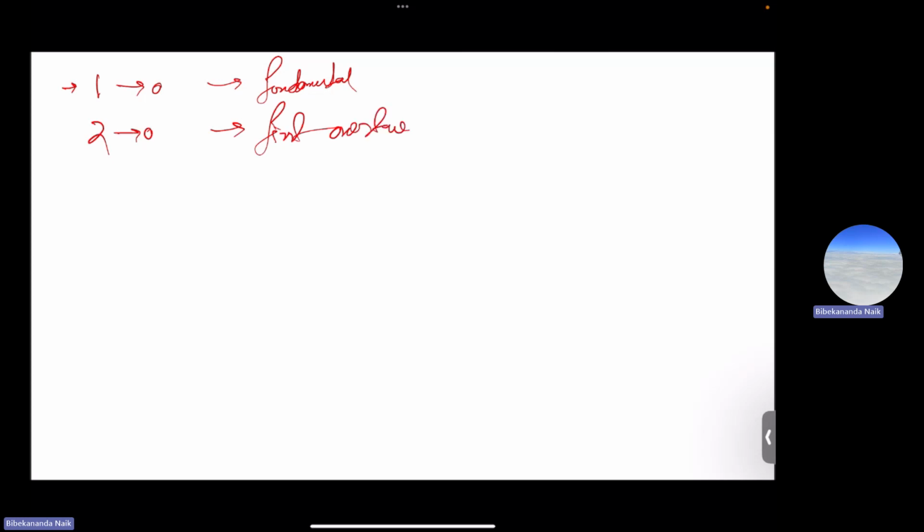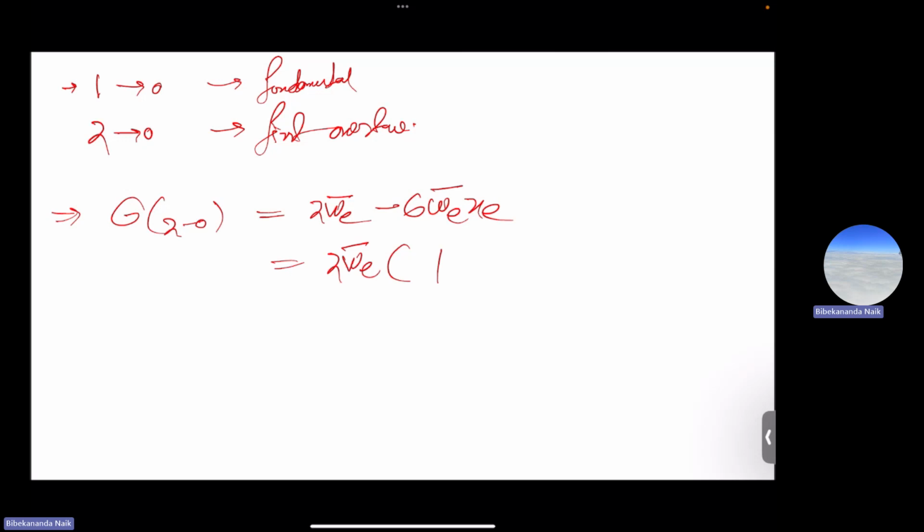So again, if you calculate the transition from 2 to 0, similarly, the value will be 2 omega E minus 6 omega E bar xc. Take common 2 omega E bar, it will be 1 minus 3 xc.